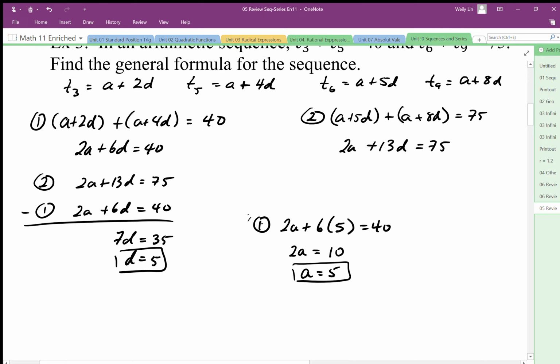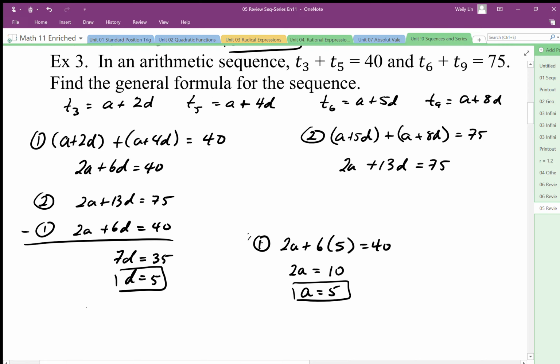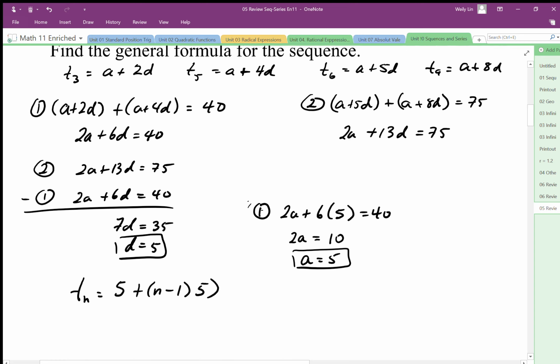So the general formula for the sequence is Tn equals 5 plus n minus 1 times 5. That gives me T3 and T5: T3 works out to be 15, T5 is 25, and 15 plus 25 equals 40. So there's the general equation that I'm looking for.